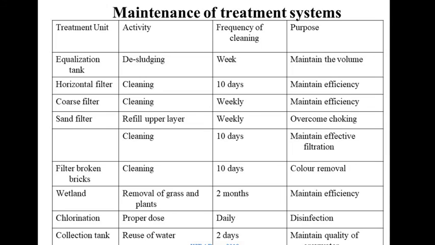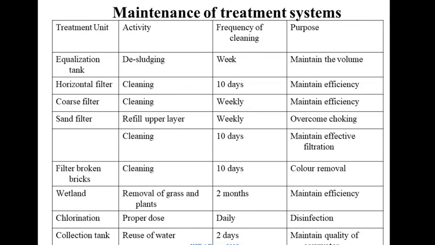Filter broken bricks, that is cleaning every 10 days, which is used for color removal. Wetland plants, that is removal of grass and plants, with a cleaning frequency of 2 months to maintain efficiency. Chlorination, with a cleaning frequency of daily, activity at the proper dose, and the purpose is disinfection, that is killing of pathogenic bacteria.